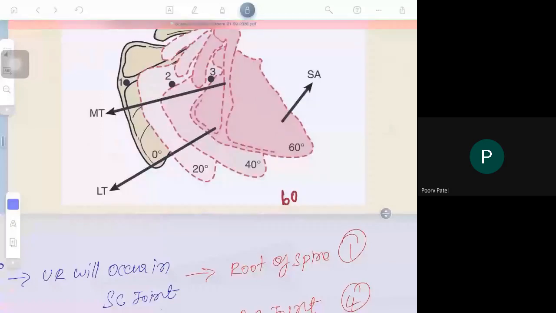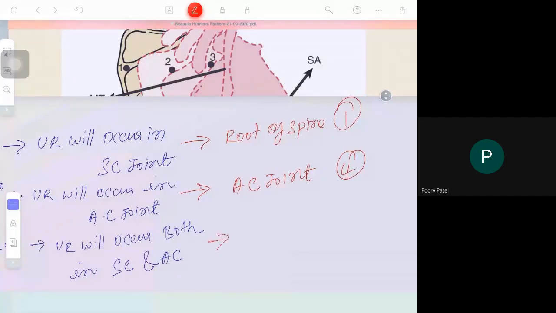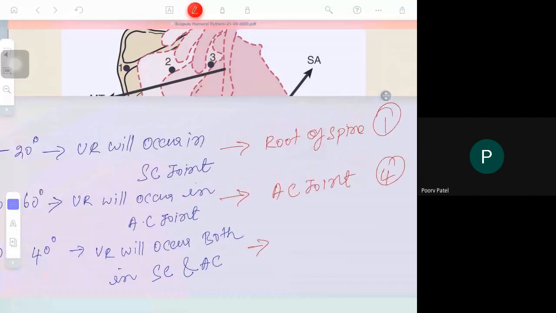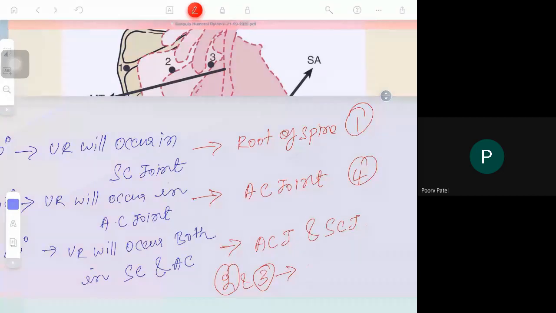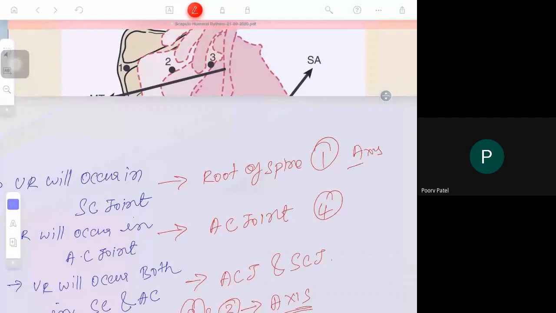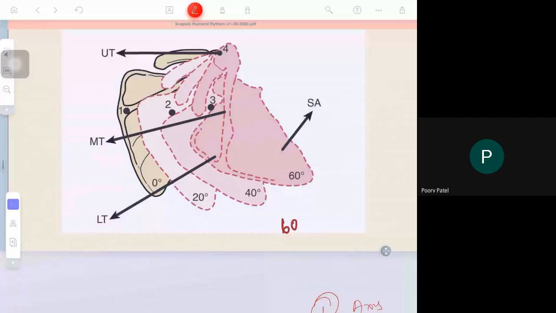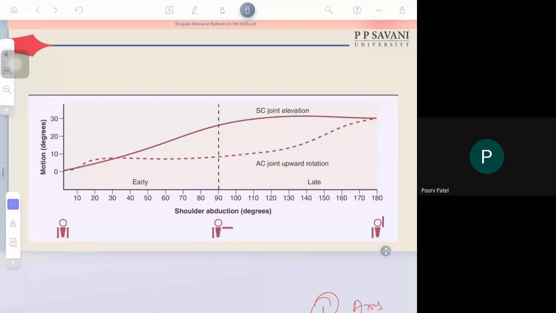And in between, the upward rotation occurs in both the acromioclavicular joint and the sternoclavicular joint. That is position number 2 and 3. What is this position? Position of the axis. This is the axis position. Clear? Are you clear till now? Yes, sir. Okay.